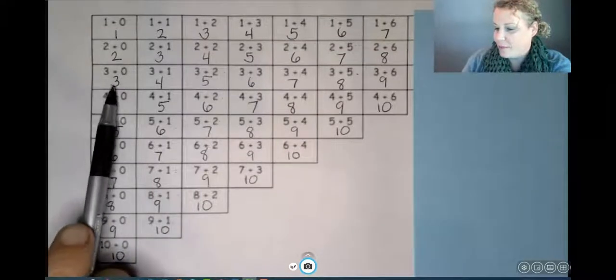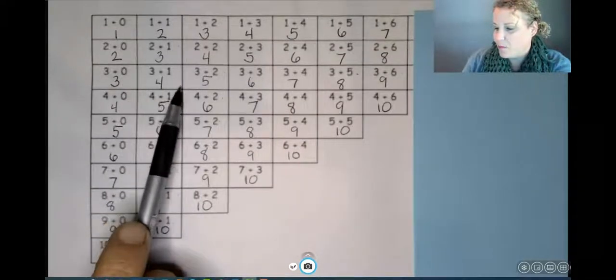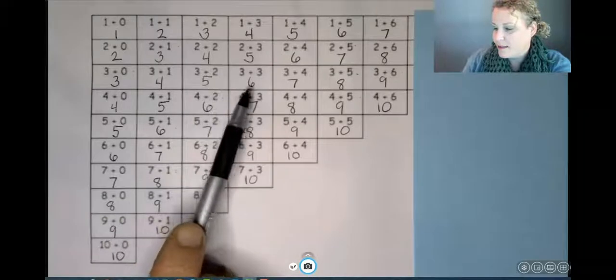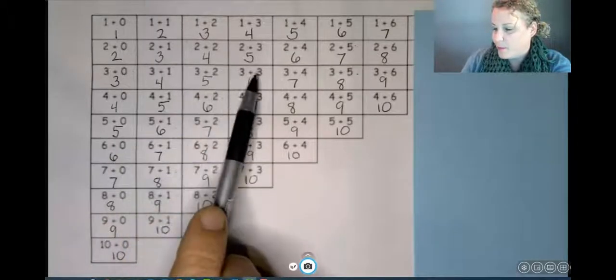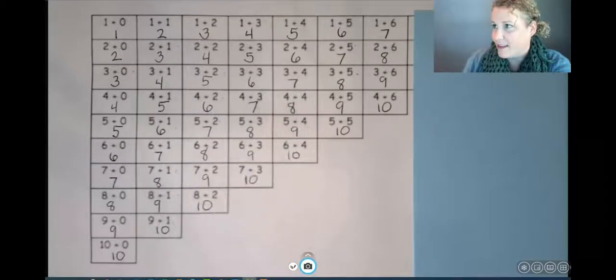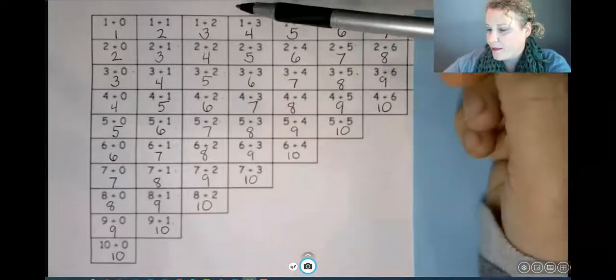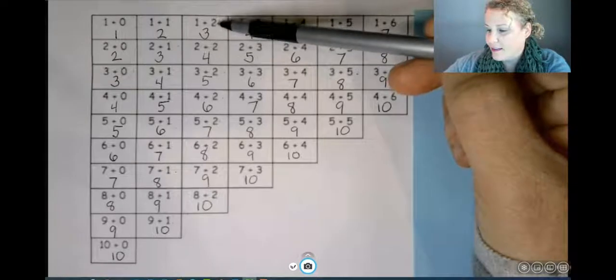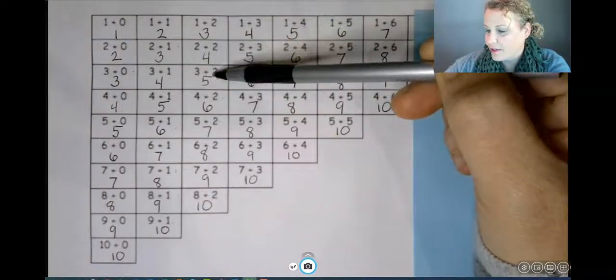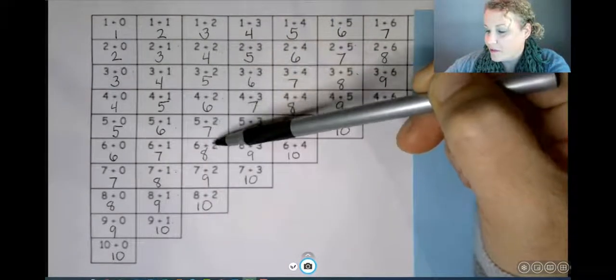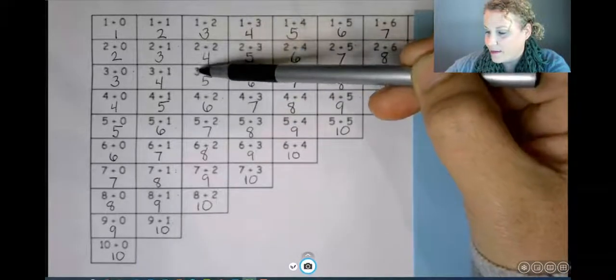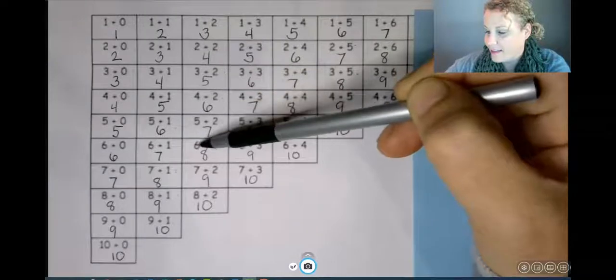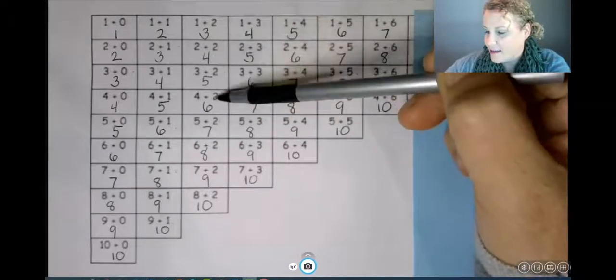I noticed from left to right, it increases by 1 because that second addend is increasing by 1, but the first addend is the same. Vertically, our solutions are increasing by 1 because the first addend is increasing by 1, but the second addend stays the same.